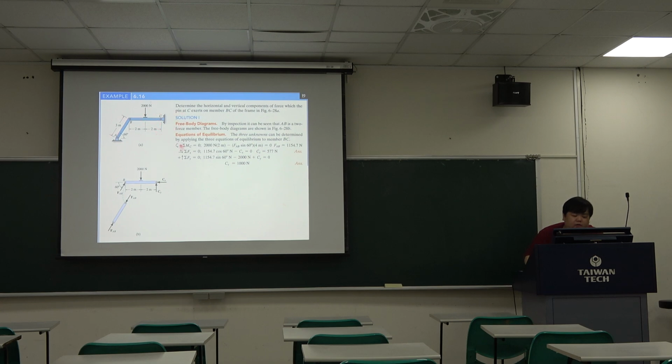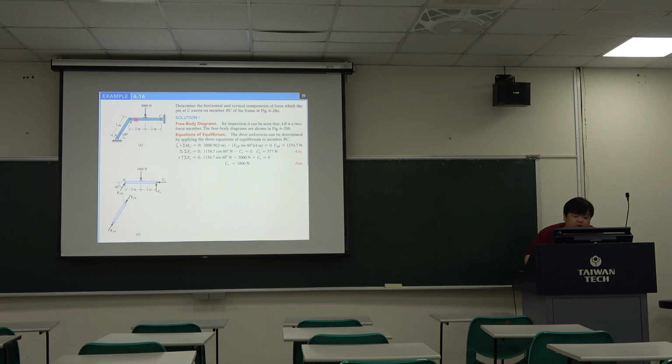So we can draw a free body diagram first. Okay, in member AE, because there are only two pins, this is a two force member. So we just put the force along the member direction.